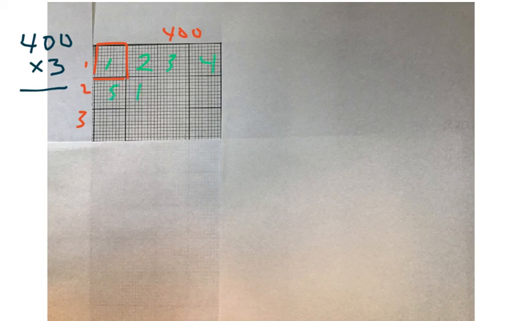So 500, 600, 700, 800, 900, 1000, 1100s, 1200s, 12 100s.